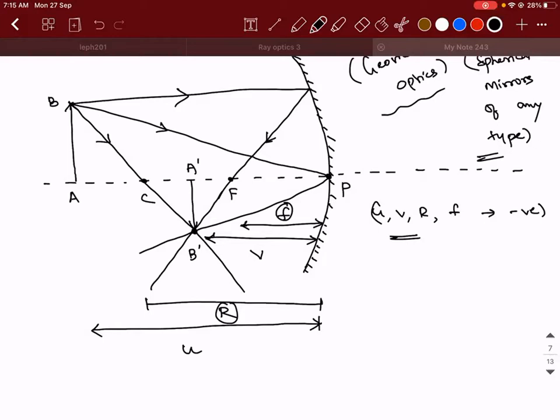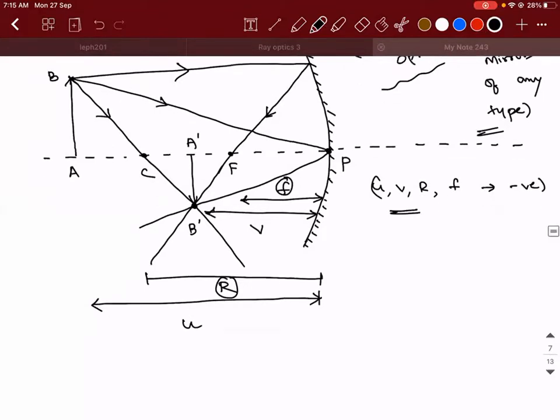Always with respect to ray optics, there is something called symmetry and reversibility. So when I took the object beyond the center of curvature, where is the image formed? Between C and F. So if I take the object between C and F, what do you think will happen? The image will be formed beyond C. Correct? So when it is going to form beyond C, can I say that there will be a change in the value of U and V?